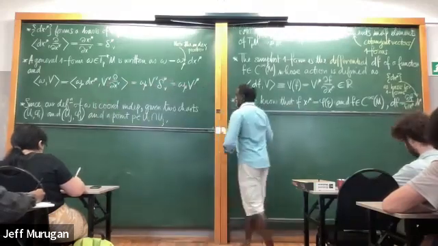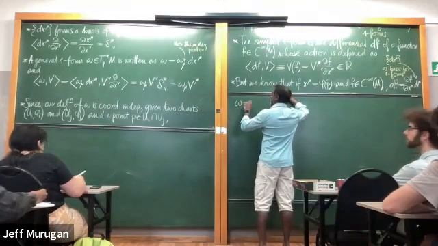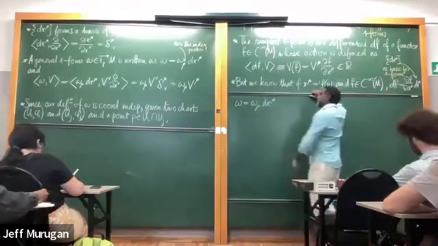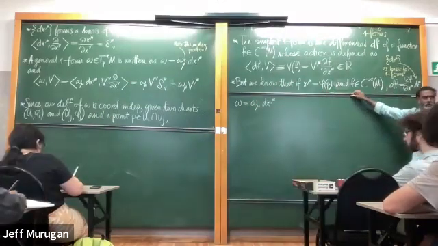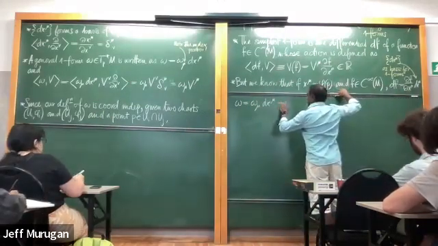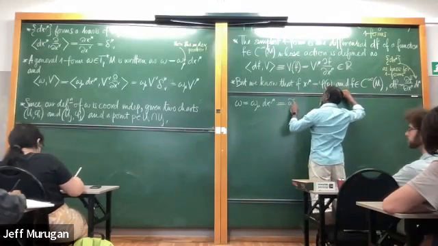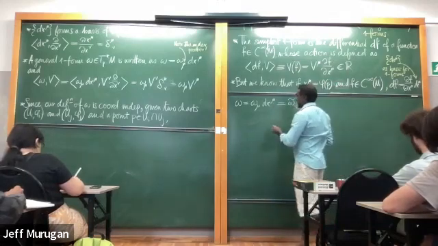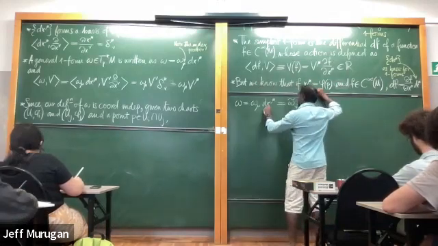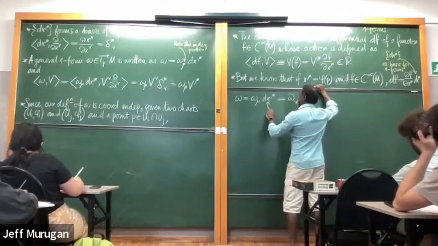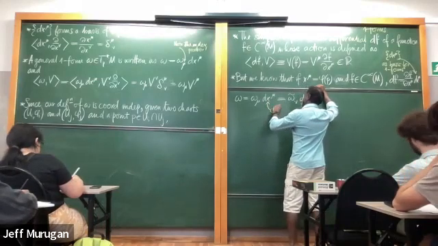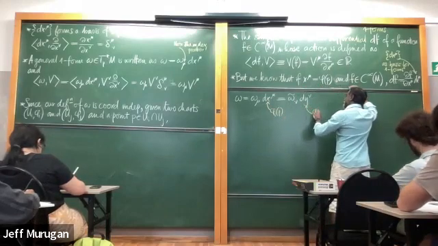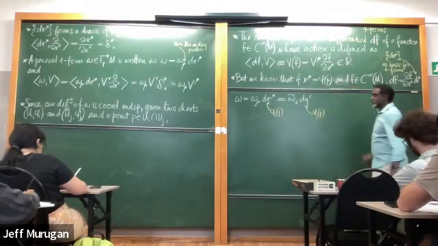So given two charts, say U_i phi_i and U_j phi_j, and a point P at the intersection of U_i and U_j, I can write omega as omega mu dx mu, but I can also write it as omega tilde mu dy mu, where x is phi_i of p and y is phi_j of p.